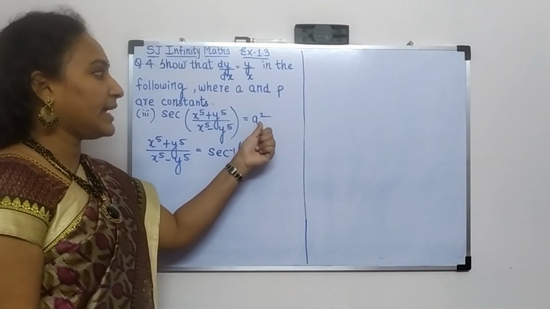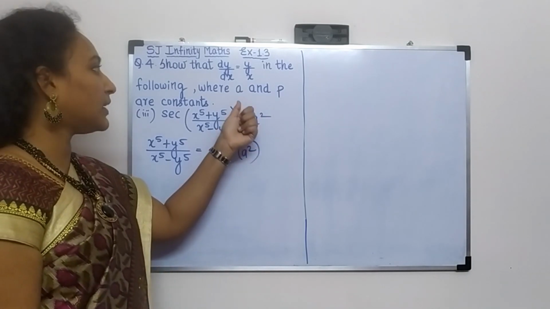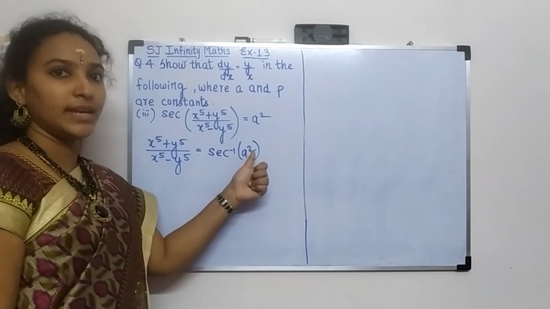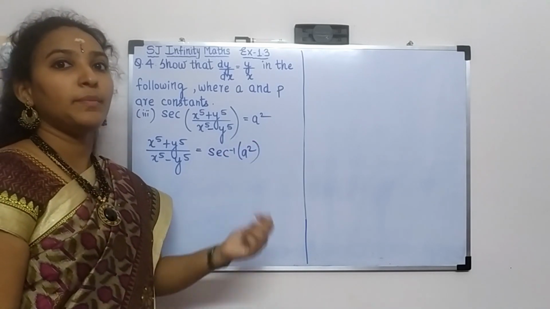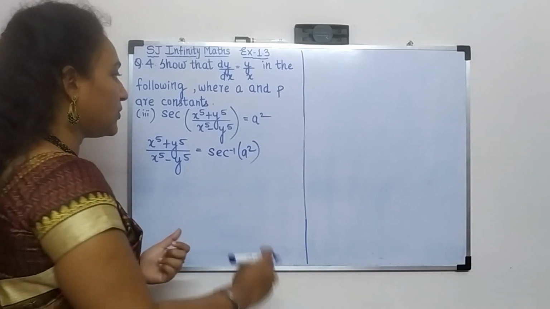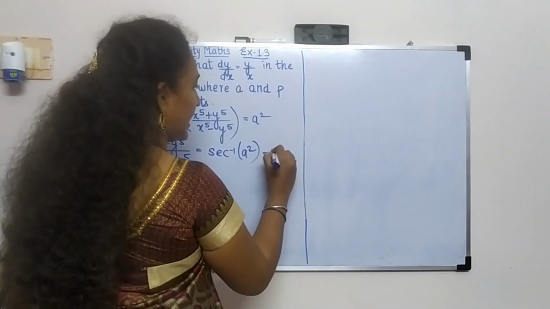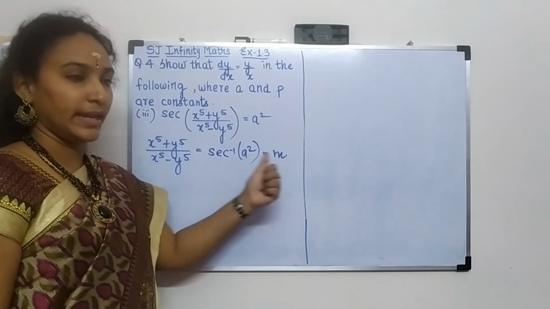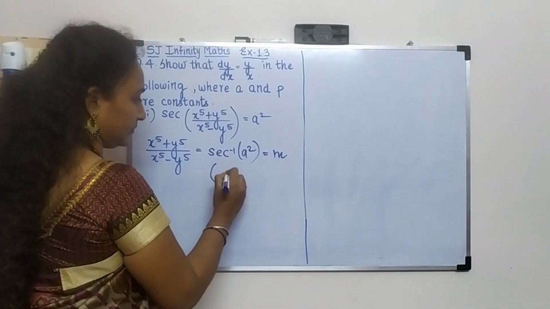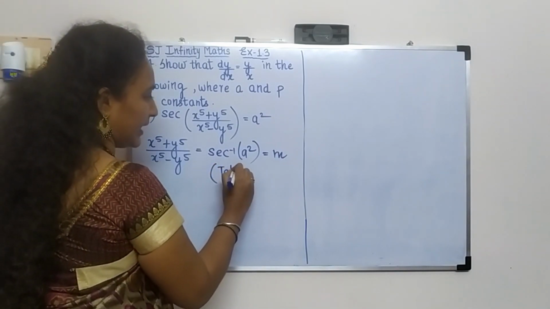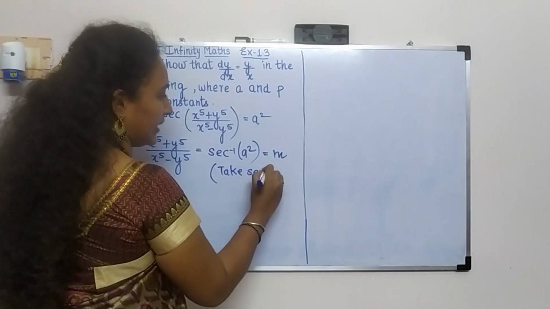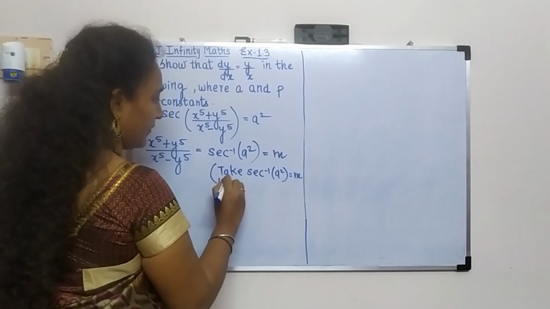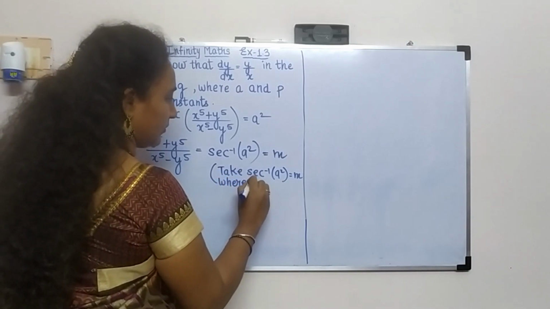So we know that a^2 is a constant term because a is your constant. So when you take sec inverse of a^2, it will again be a constant term. So let us take this as m. Any alphabet, small m. We are taking sec inverse of a^2 equal to m, where m is a constant.